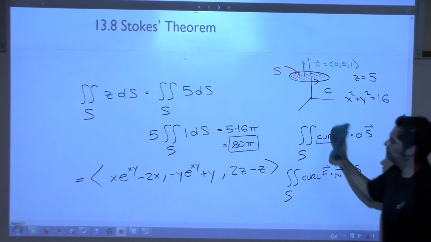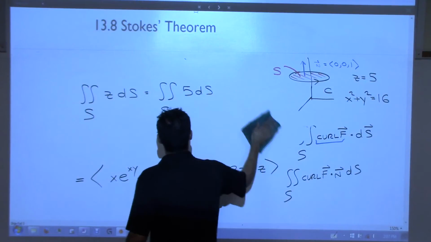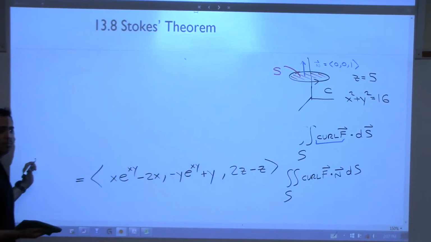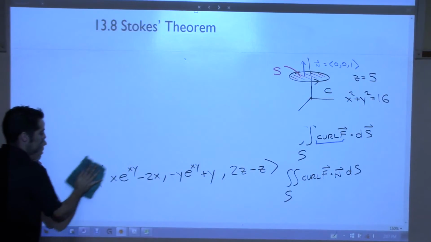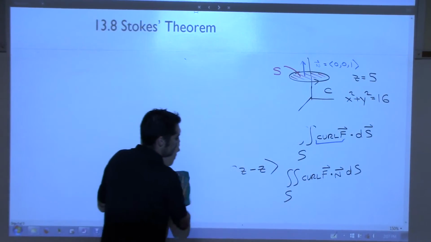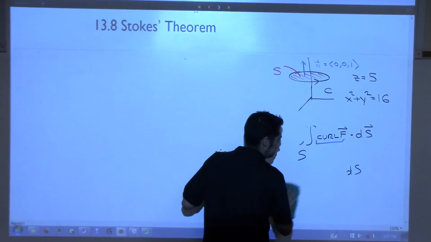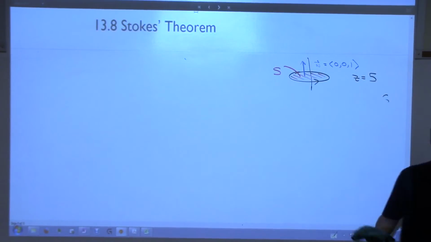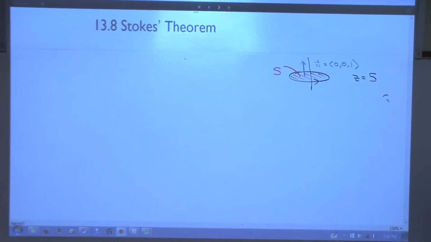All right. What do y'all think? That's the line integral. Yep. Over the vector field. It's work. Yeah, it depends on what your field is, but you could look at it as work.